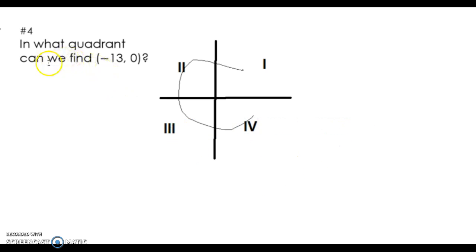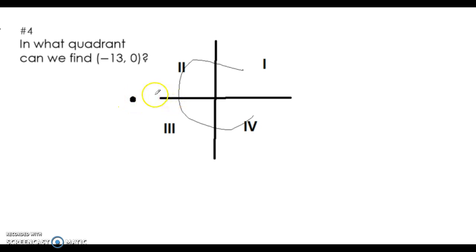So what quadrant can we find negative 13, 0? Well, negative 13, 0 would be negative 13 to the left, right? It'd be, let's say, about here somewhere. Actually, it'd be more of a point, right? There we go. Oh, that's a tiny little point. So negative 13 is about right here. 0 is, well, I'm on 0.